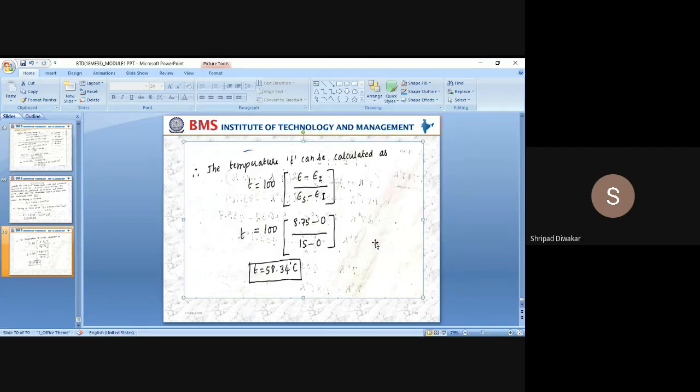So I hope you understood all the concepts. I covered all the concepts, including the numerical problems, in this chapter, module 1, the most important chapter. You have to understand all the basic definitions, like what is thermodynamics, and the macroscopic and microscopic approaches of thermodynamics and their differences. Next we studied thermodynamic systems: open, closed, and isolated systems with examples.